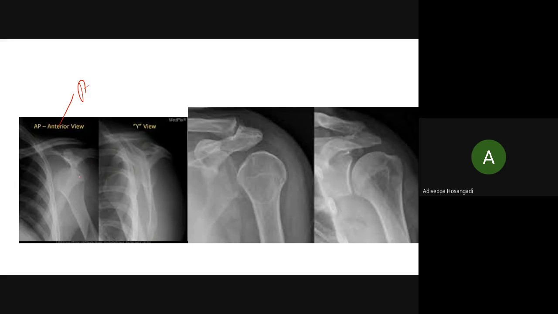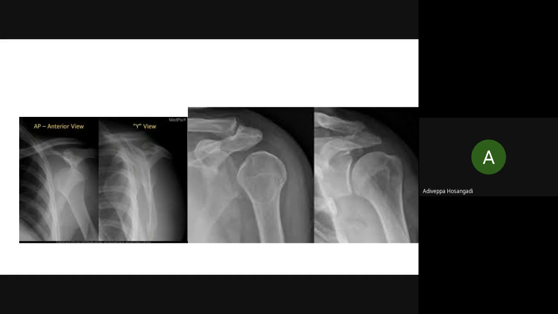Again, there are three types. One is pre-glenoid, in front of the glenoid. Another is infracoracoid, below the coracoid, and the third is below the clavicle, infraclavicular. So there are three types of anterior dislocation, depending upon how much it is migrating medially. Please remember that.